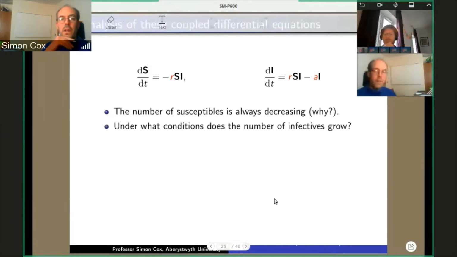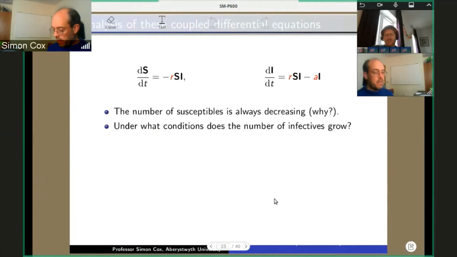Good? Under what conditions does the number of infected individuals grow? Another question for you. Or to put this another way, if R is large, yeah, so Sam has said we need RSI greater than AI.